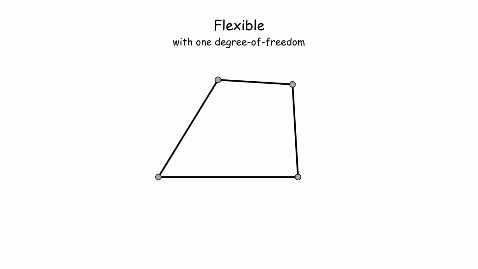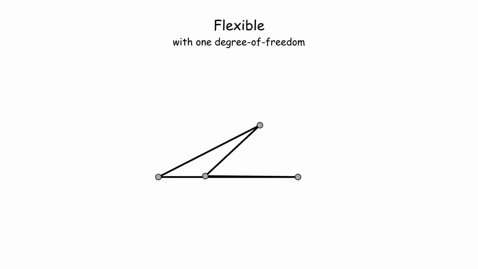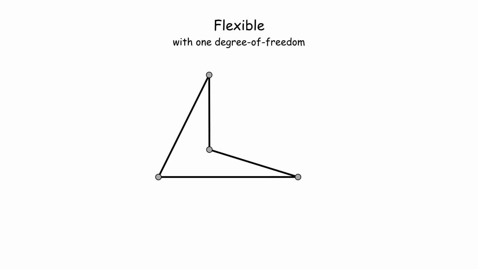But the 1 degree of freedom structures can be more intricate. So for instance, this is the simplest one, the next one that you can think of is a closed loop, a four-gon. And I'm telling you that this one has 1 degree of freedom only. Okay, so it moves roughly like this, and at some point it may even cross itself, yeah? Can go back. So it has 1 degree of freedom.